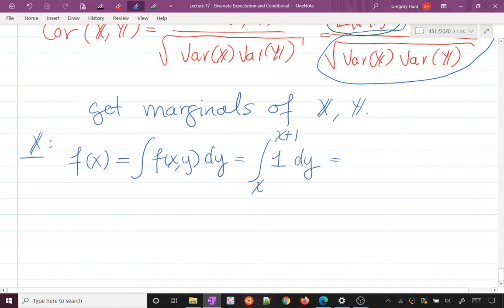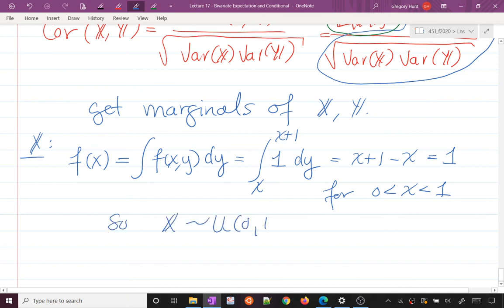We're integrating with respect to y, and so this just gives us x plus 1 minus x, which is 1. And this is good as long as x is between 0 and 1. So that is telling us that x has a uniform distribution between 0 and 1, because the PDF is just 1 between 0 and 1.